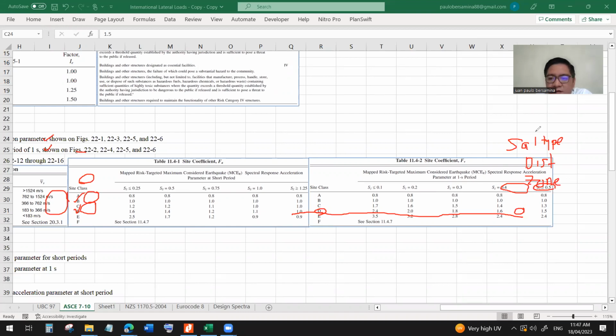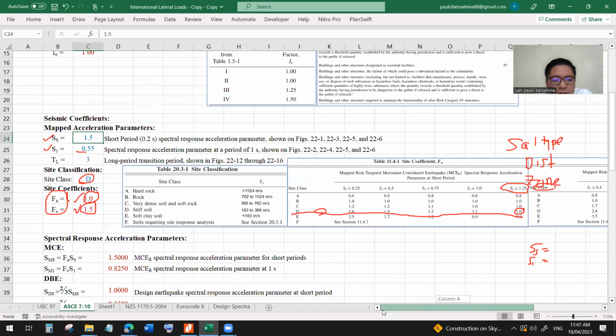Let me write it down. SS, S1. 1.5, 0.55.